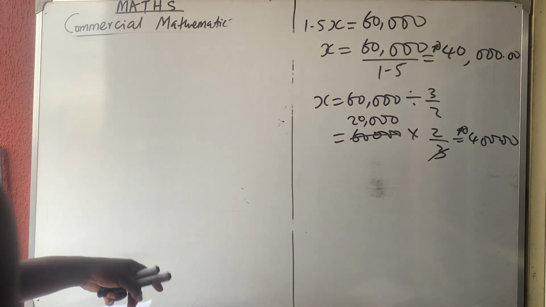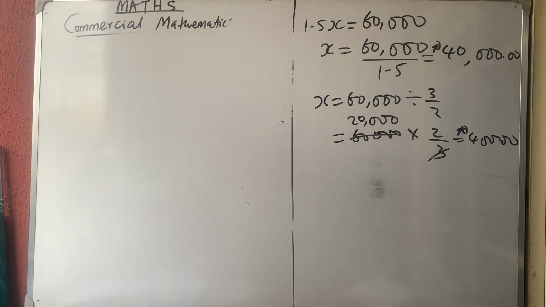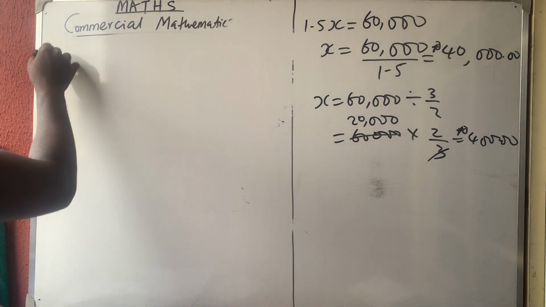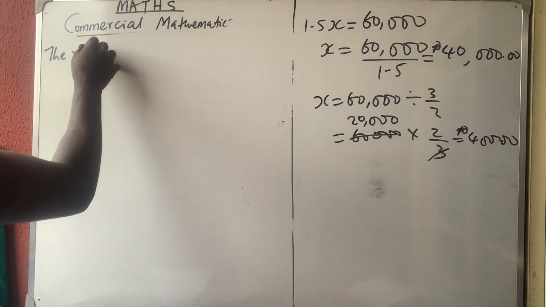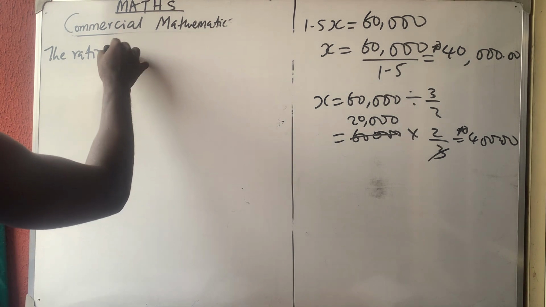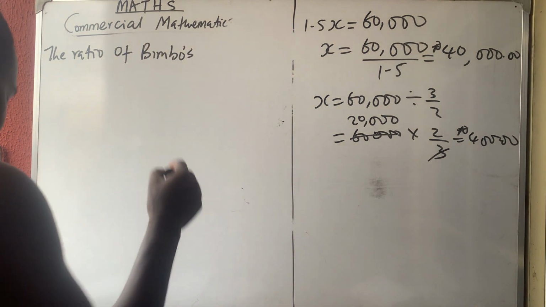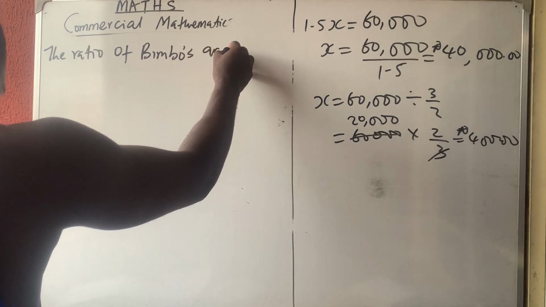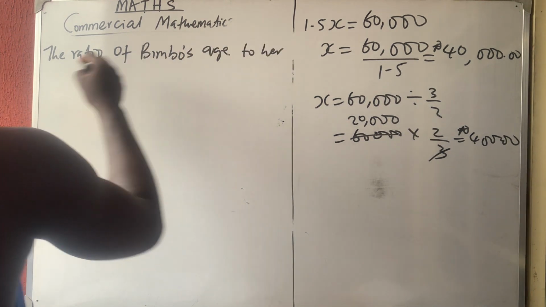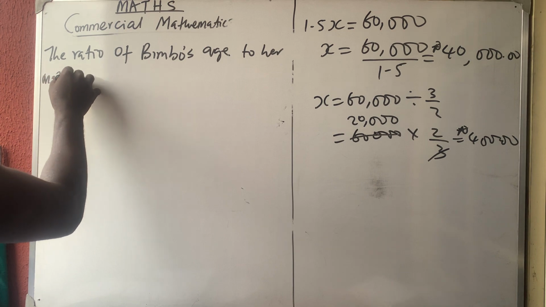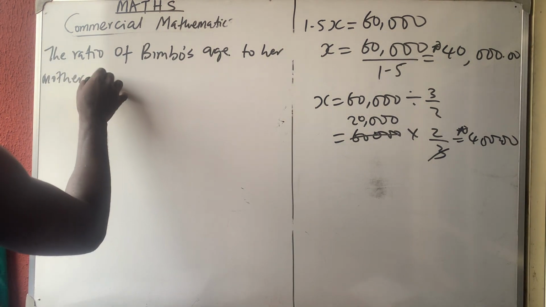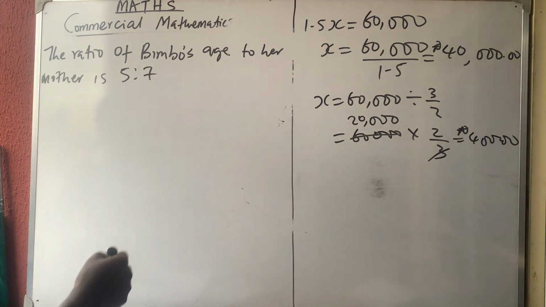Okay. So the next question here said the ratio of Bimbo's age to her mother is 5:7.